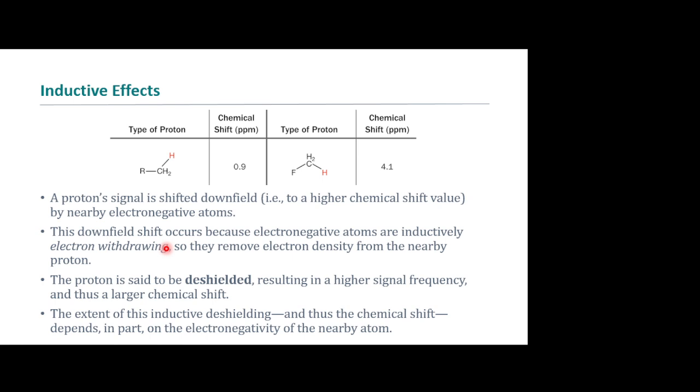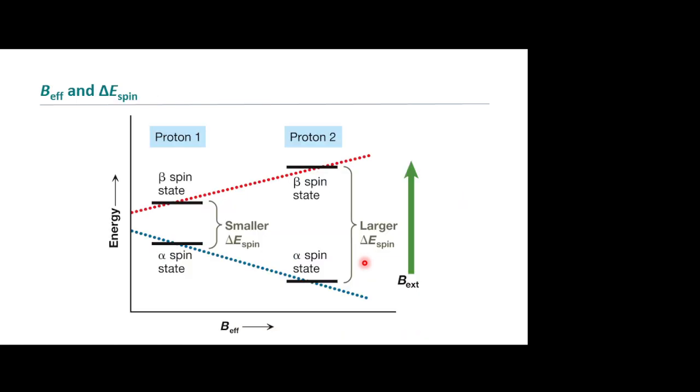And that's going to be called deshielded because you've removed the electron density, which would have shielded your nucleus from the magnet, right? Okay. All right, and so this is going to result in a higher signal frequency, thus a larger chemical shift. If you want to see it over here, then this would shift it towards this one, right? This would be your methyls. This one would be your fluoride.